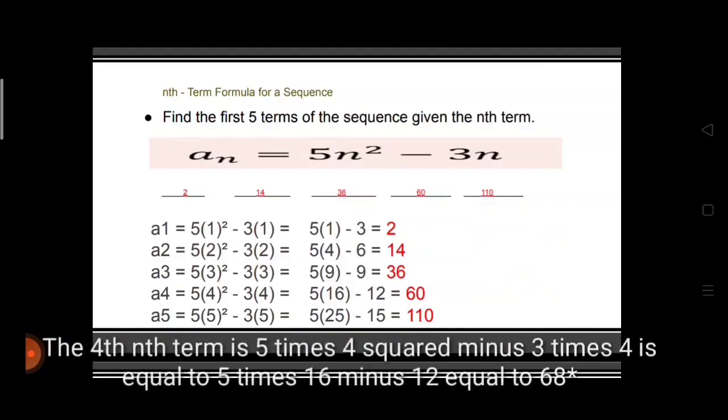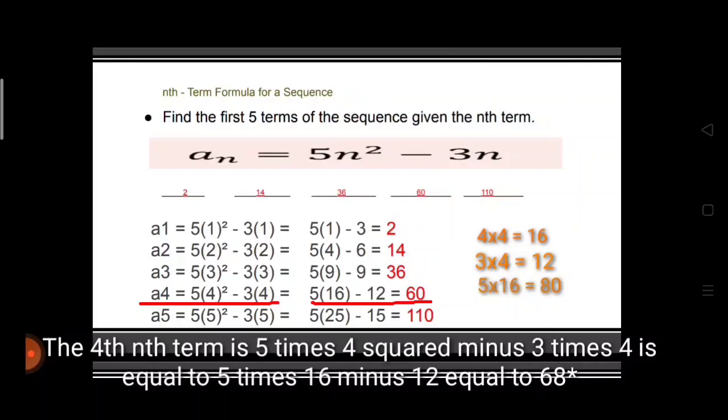And the fourth is 5 times 4 squared minus 3 times 4. 4 times 4 is equal to 16, so 5 times 16. Times ko po muna siya sa 4 times 4, that's naging 16. Then sa minus 3 times 4 is equal to 12.